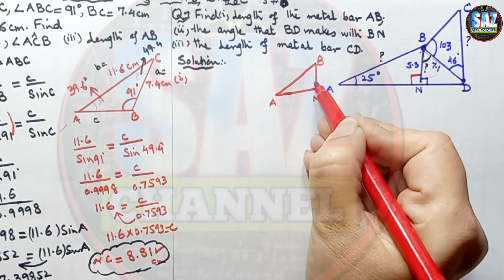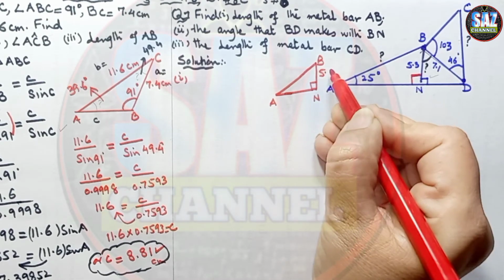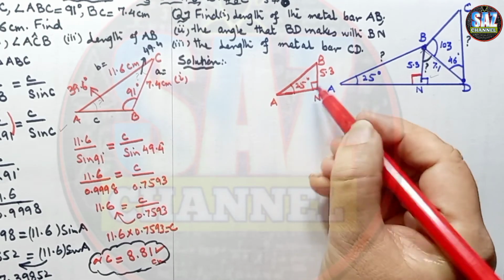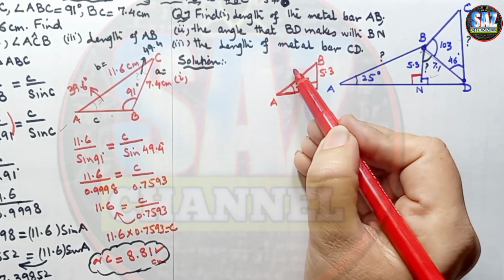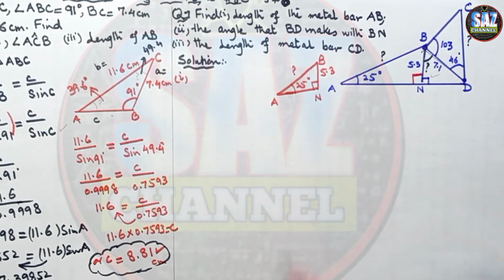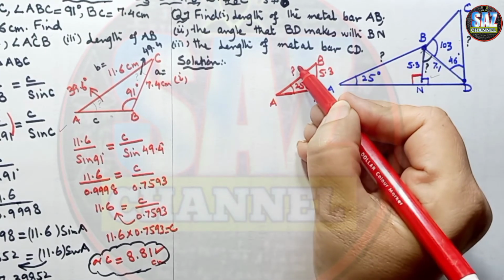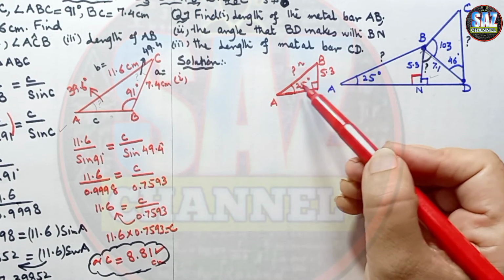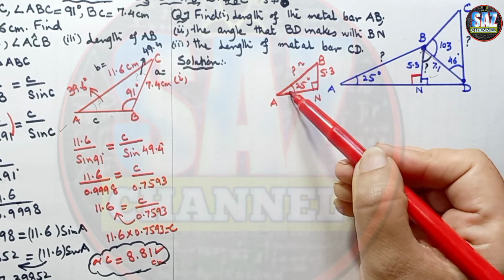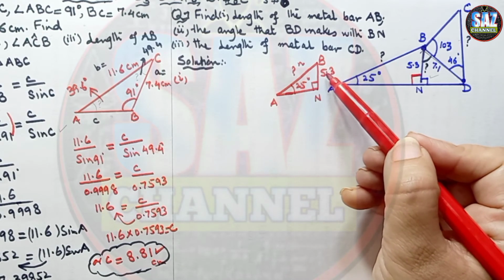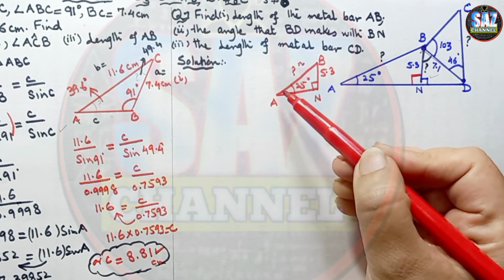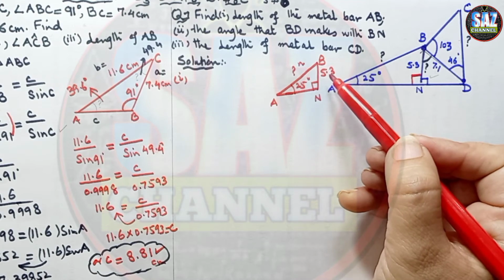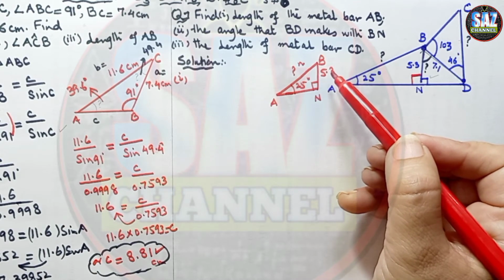This triangle, here we have a 90-degree angle. This side is 5.3. This angle is 25 degrees, and we need to find this opposite side, that is BN side. Let BN equals to, we can mark it with small n. Now recall basic trigonometric ratios that with the reference of this acute angle 5.3 is opposite and AB is hypotenuse. Now which trigonometric ratio we can apply by using opposite and hypotenuse?